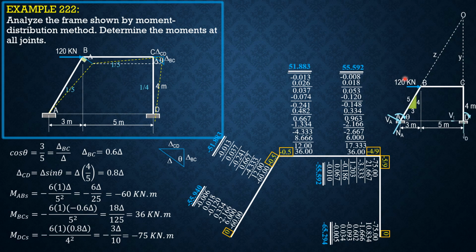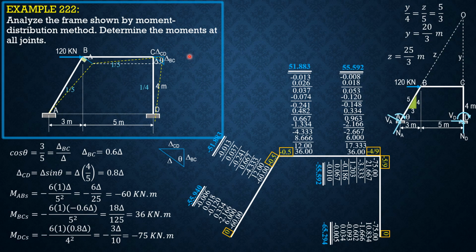So summation of moment about O is 0: V_A times 5 plus 25/3, plus V_D times 4 plus 20/3, then plus 120 times Y, which is 20/3, equals MAB plus MDC. Simplifying, take note that V_A is, if you consider a free body diagram of AB, V_A times 5 equals MAB plus MBA.